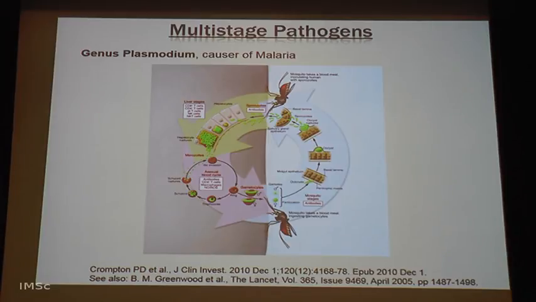And so this is a type of pathogens that seem to have one thing in common, which is namely establishing lifelong persistent infections. And one very famous one is Plasmodium, the causer of malaria. And you probably all know that Plasmodium has this cycle of infection, which includes the vector and includes the human host.